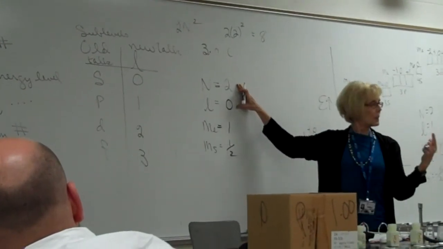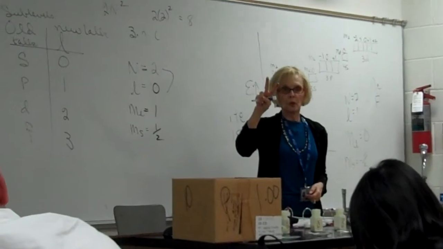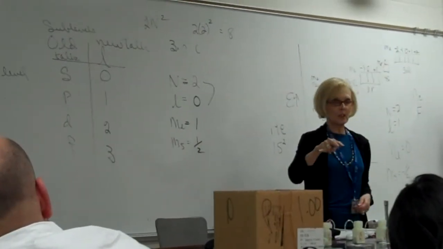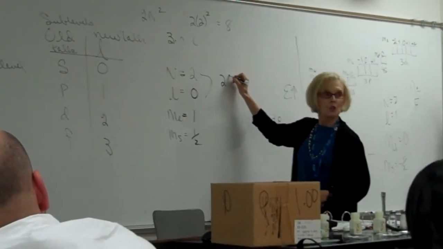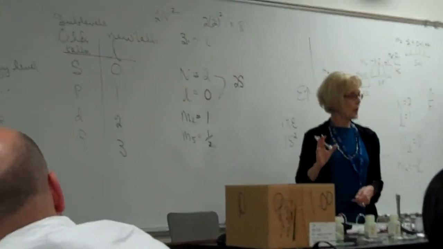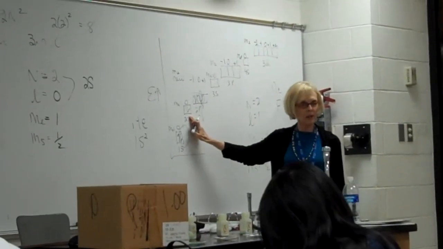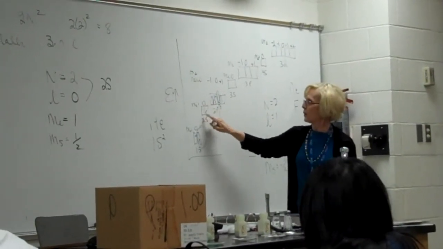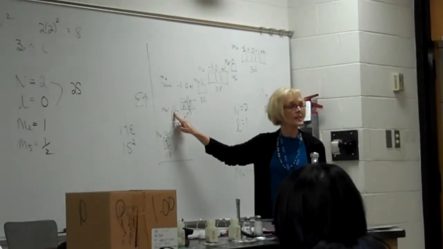Because here's my thought process I go through. I take the first 2, because that tells me what sub-level I'm on. Okay, I'm on a 2 what? 2S. Okay, then I look back at my notes. Well, when you're in an S, the only allowable value for M sub L is 0.